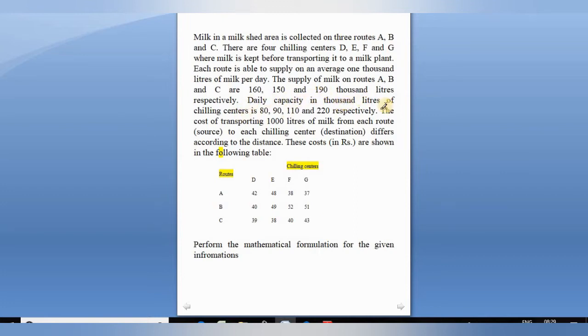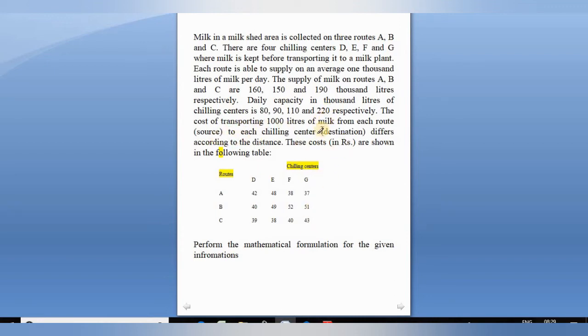Daily capacity in 1000 liters of the chilling centers: D destination has a requirement of 80, E has 90, F has 110, and G has 220 respectively.